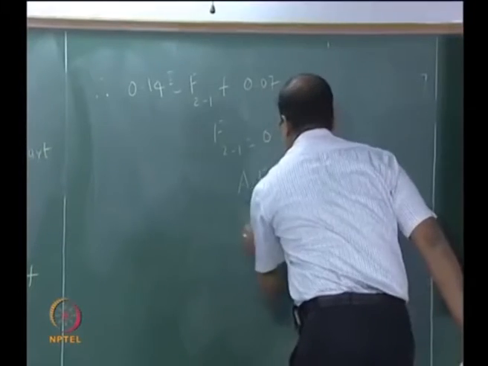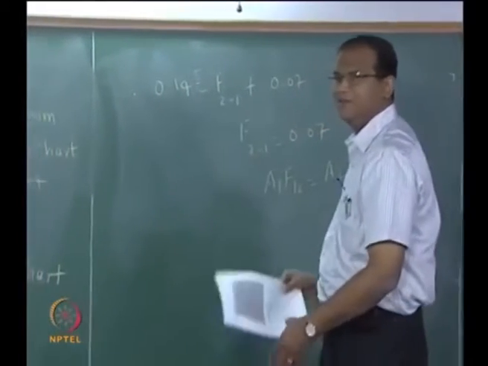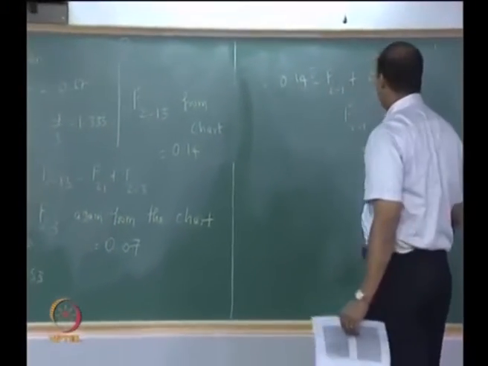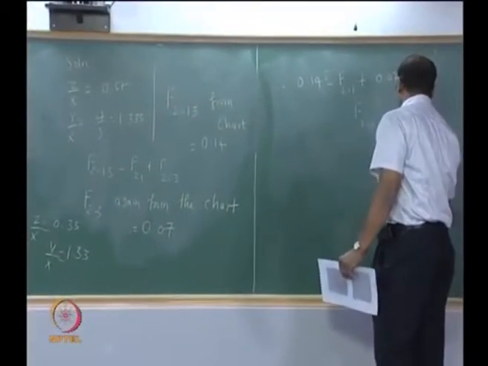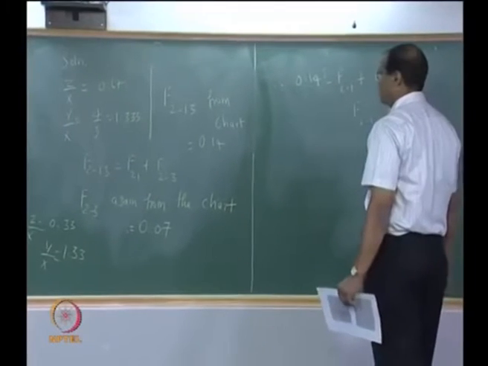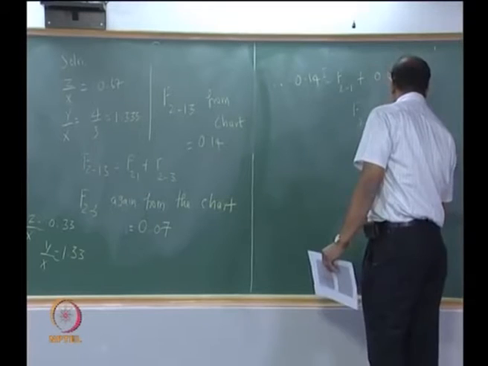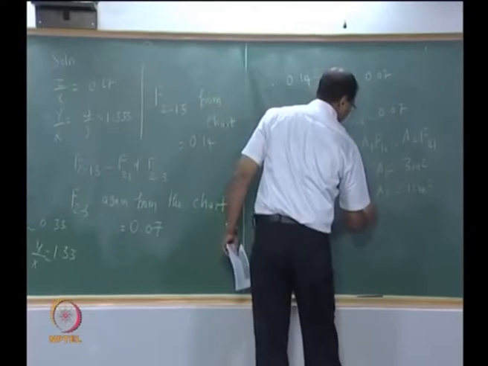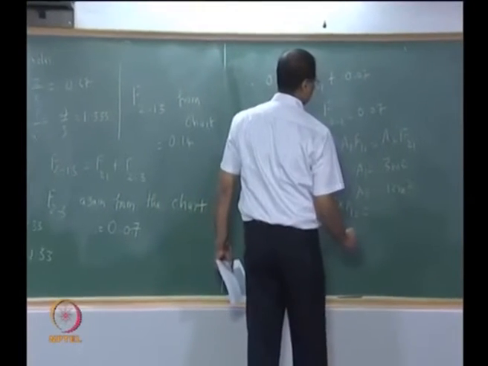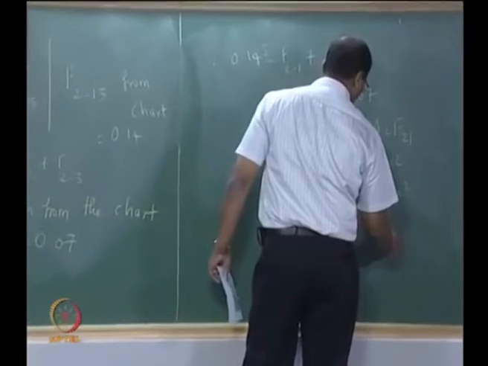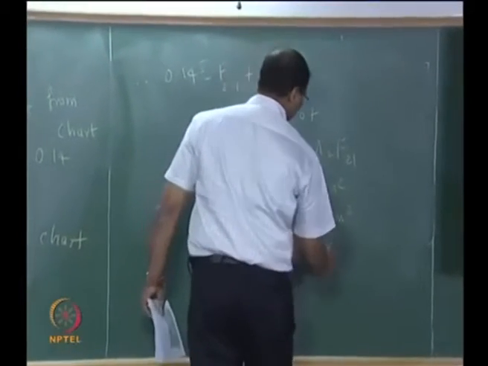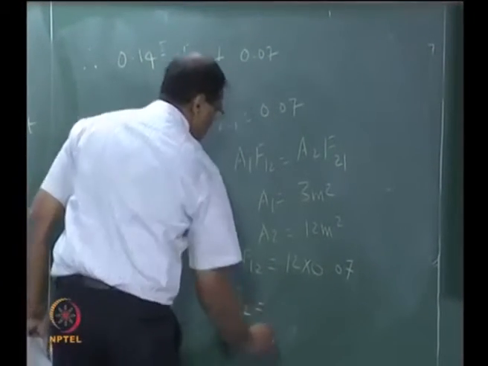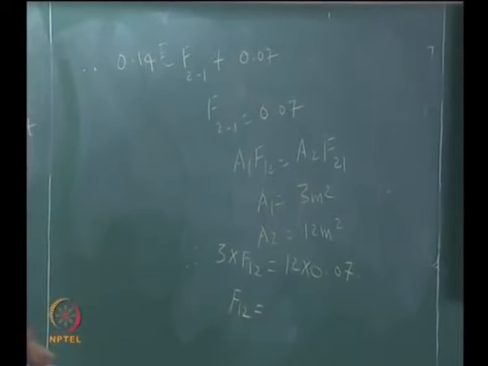Oh, I am sorry. Only 1 and 3 are the same. Okay. What is A1? 3 meter square. A2? 12. Therefore, this is correct? The answer is 0.28.